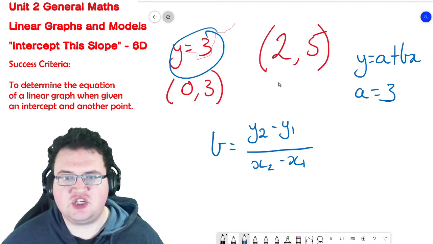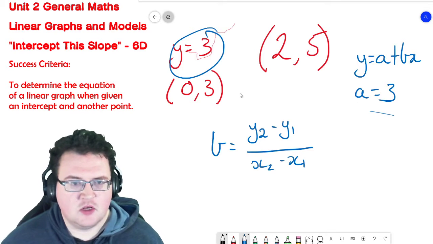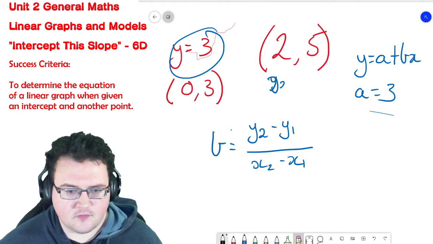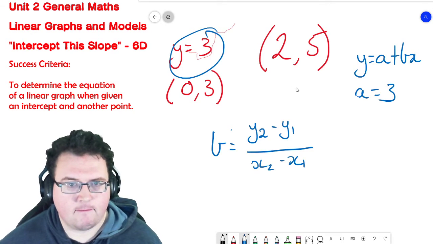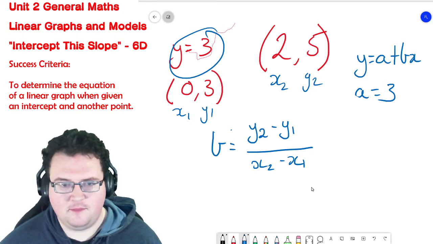Which set of values is on the right of the other? 2, 5, thank you. So 2, 5 is on the right, so we're going to call this one x2 and y2. And this is going to be x1, y1.